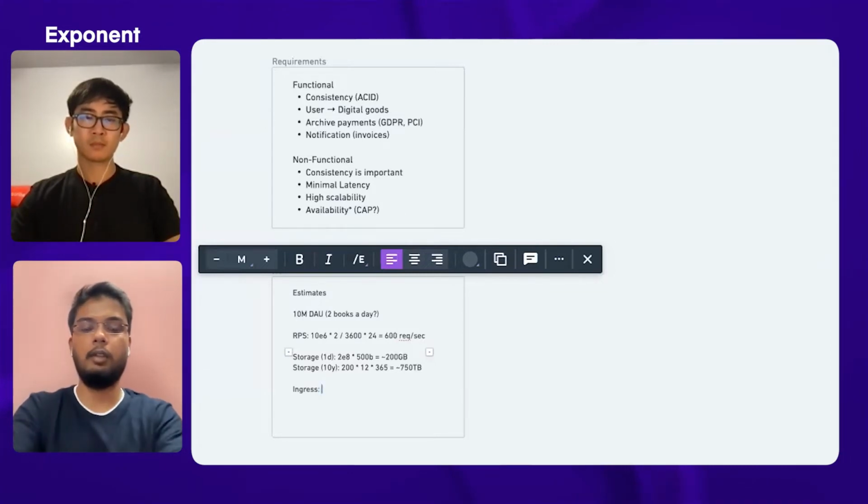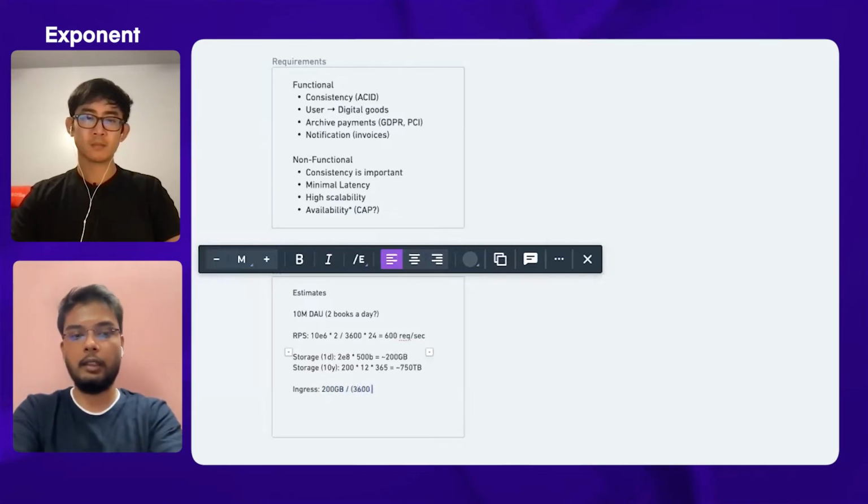So let's take 200 gigabytes and divide by 3600 times 24, the standard conversion of 1 day into seconds. And this should be about 4 MB per second.